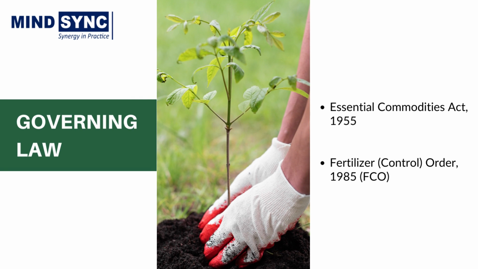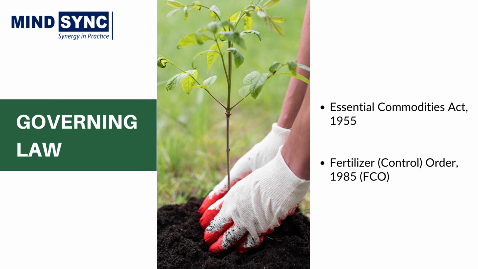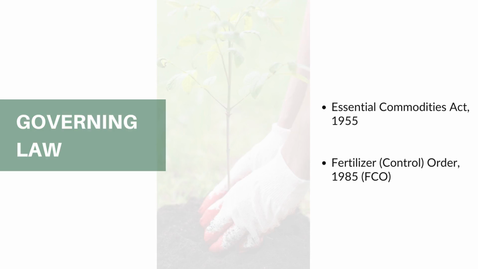Government of India has issued the Fertilizer Control Order, FCO, 1985 under the Essential Commodities Act, 1955. Government has declared fertilizer as an essential commodity for meeting the food grain requirements and to protect the consumers from exploitation by unscrupulous traders. The FCO specifies what substances are eligible for use as fertilizer in the soil, product-wise specifications, methods for sampling, procedure for obtaining license or registration as manufacturer or dealer of fertilizer.